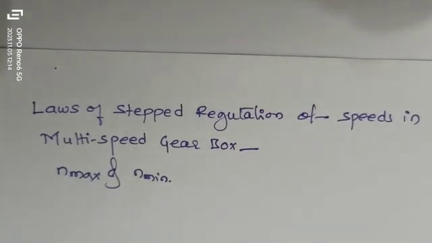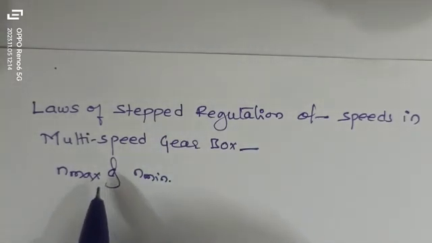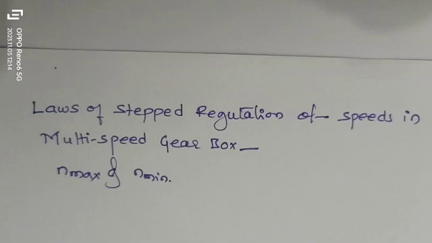The variation of the output speed is not stepless but is in discrete steps, right? So in a stepped regulation of speed, only certain discrete values of spindle RPM are available on the machine tool. In order to select the discrete steps of speed between the two extreme values, three laws are proposed.